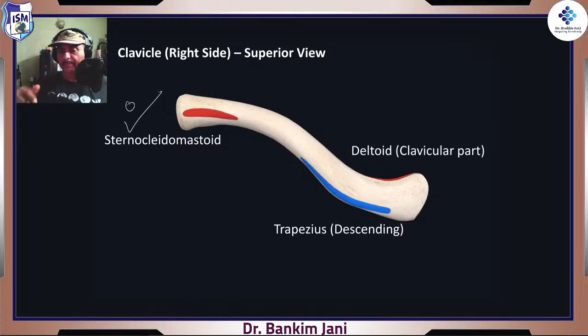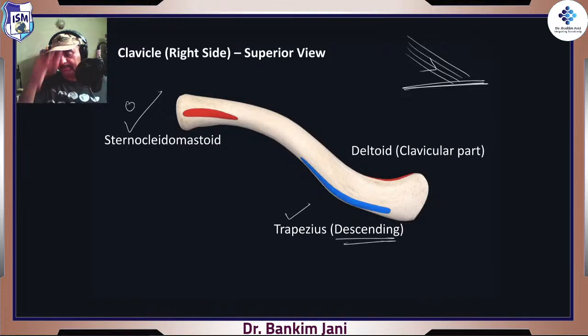Trapezius is a muscle which is attached on the back side, right? It is on the back. So very nice. This is trapezius, but these are the descending fibers. Yes, it has to be descending, because the clavicle is somewhere over here, and these muscles land over here, right? So descending fibers, they are landing.